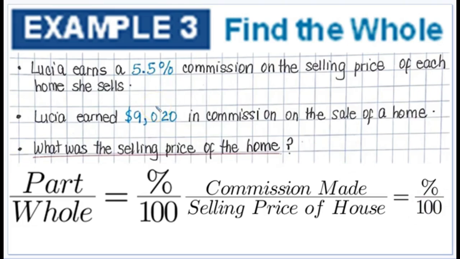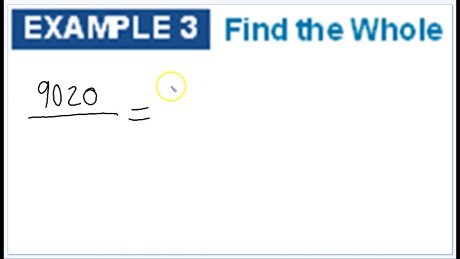So commission made is 9,020 over nobody knows what yet. And then the percent is 5.5 over 100.